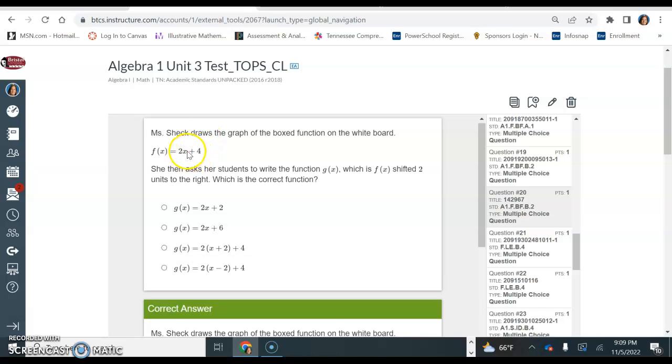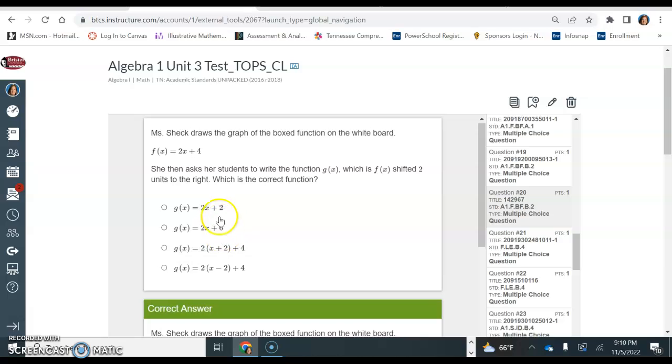If we shift it left or right, it's going to be inside parentheses, so it's going to be x plus or minus something inside of parentheses. It says it's going to be shifted to the right. So think about from 0, moving to the right, you're moving in a positive direction. But when you move left or right, the sign is always opposite.